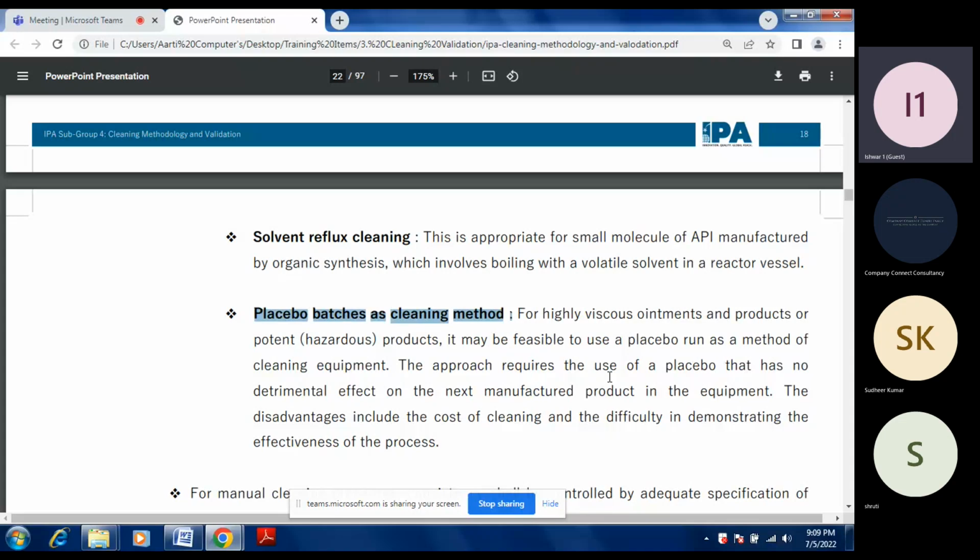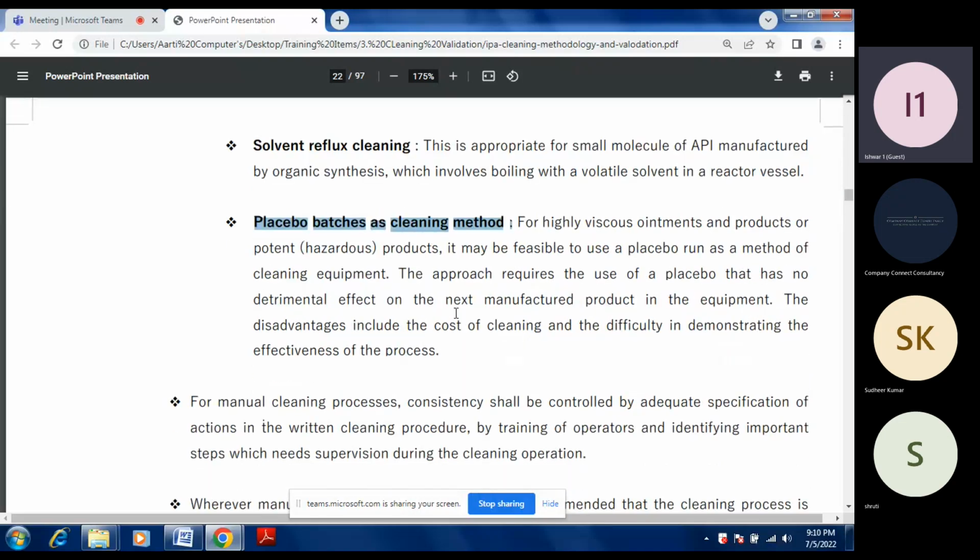The disadvantages include the cost of cleaning and difficulty in demonstrating the effectiveness of the process. Why? Because if you take a full batch without the API, it also costs for the excipient, so it's a costly process and is generally avoided. But in some cases, like ointment products, the cleaning needs to be performed by the placebo batch also.